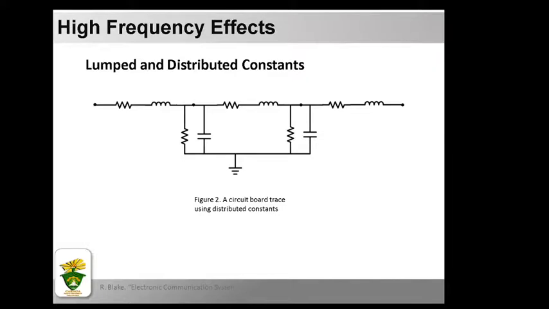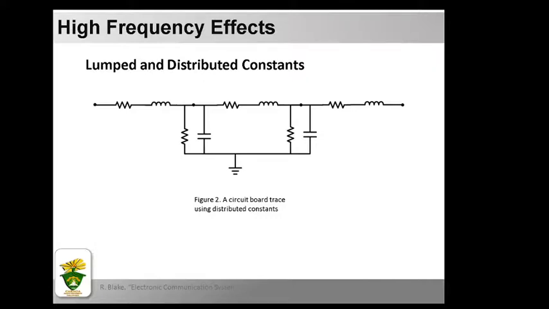A little thought will show that the inductance and capacitance related to this trace cannot be shown exactly by a single capacitor and a single inductor. In fact, no finite number of lumps of capacitance and inductance will do, since they are distributed along the entire length of the trace.